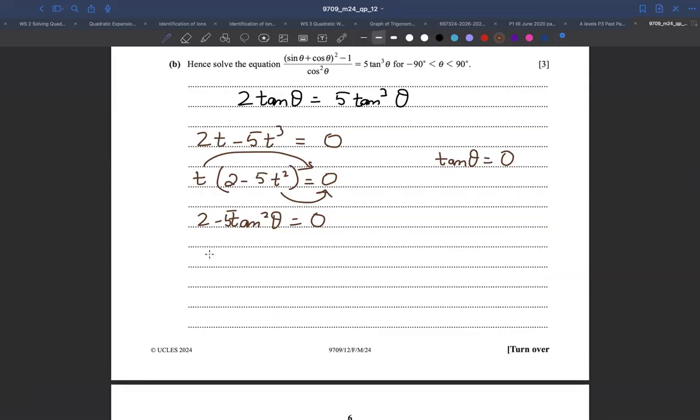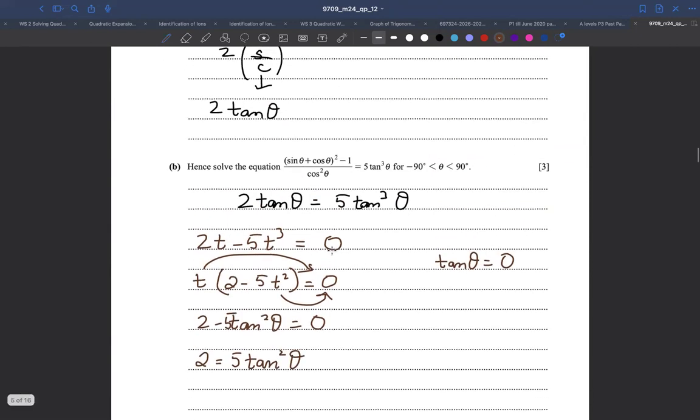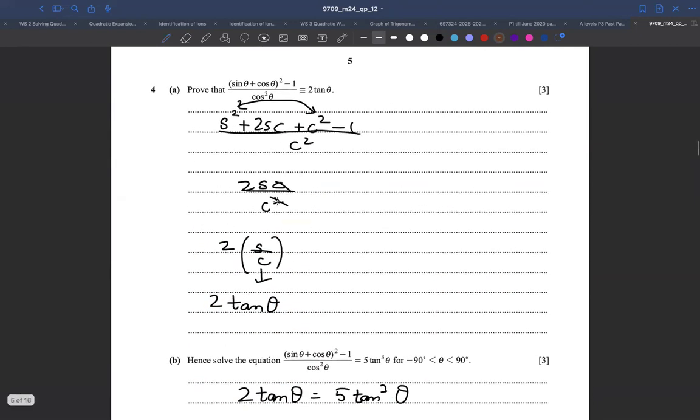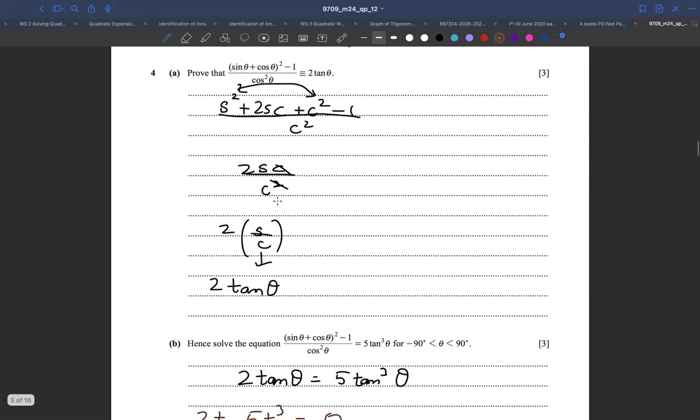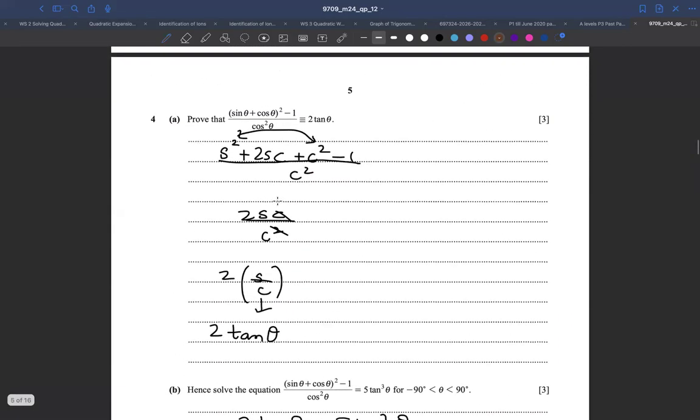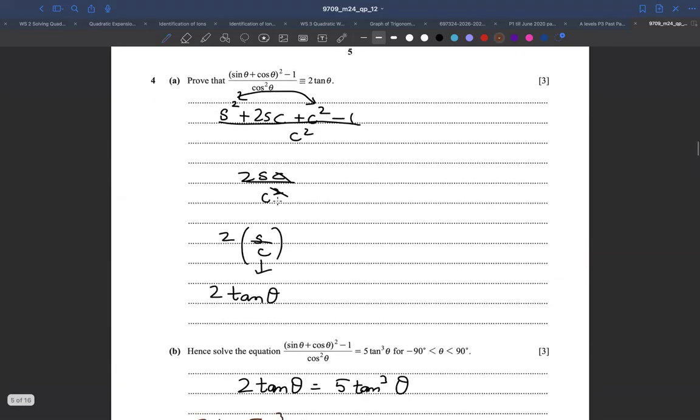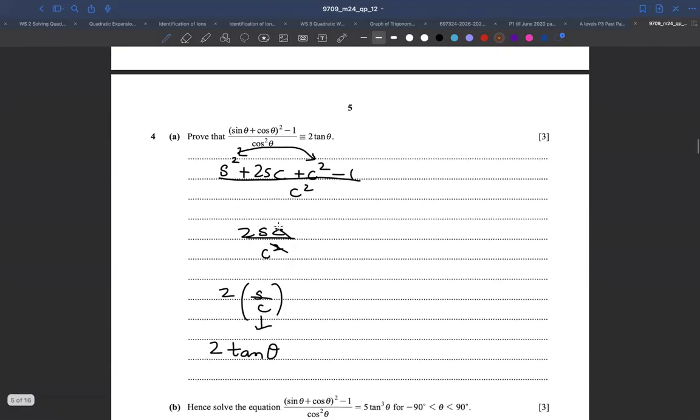Sir, one question. Yes, Ryan. Sir, could you explain how you took cos theta out, because I'm a bit confused with that. Where did I take it out? Sir, to make sin theta cos theta into sin theta, over here in the first step. Yeah, but first I expanded it, right?